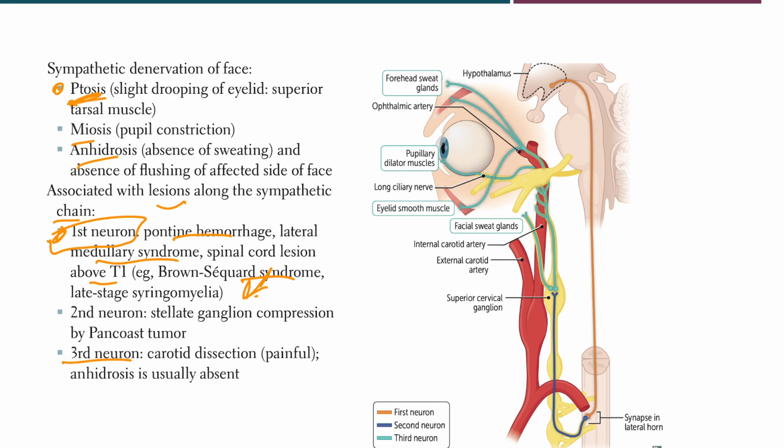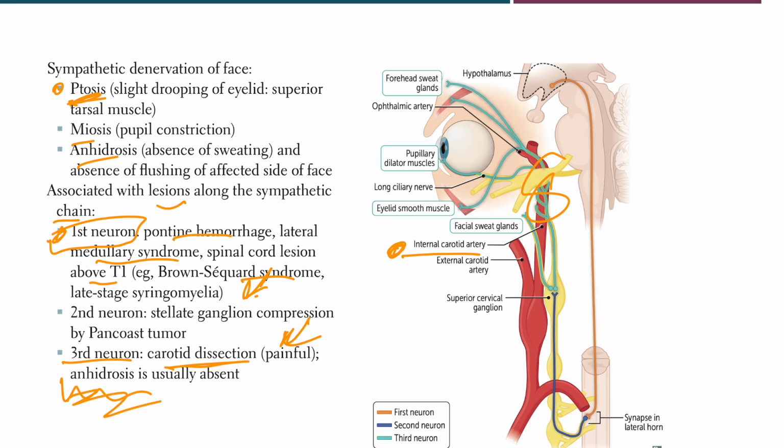But here, third neuron: painful carotid dissection, because it's running against, look, it's circling around where? The internal carotid artery, right? So if you have a carotid dissection, you are going to again knock out your sympathetic innervation, leading to all of this Horner syndrome. It's going to cause everything but anhidrosis is absent. And why is anhidrosis absent?